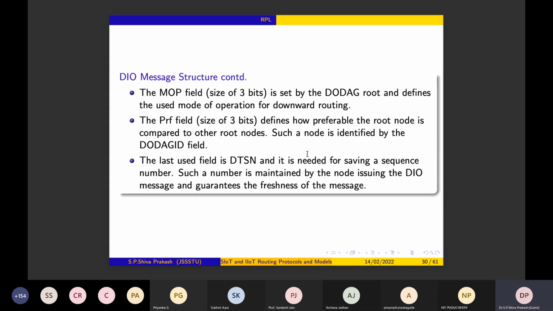Okay, the last field is DTSN, and it is needed for saving the sequence number. Such a number is maintained by the node that issues the DIO message and guarantees the freshness of the messages.